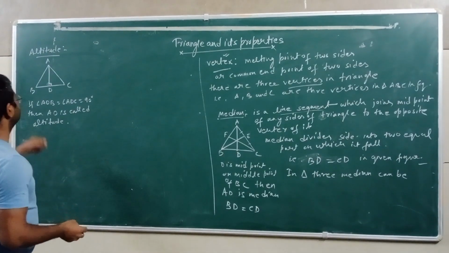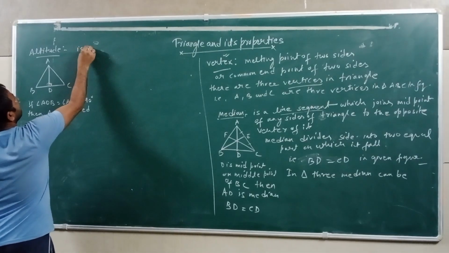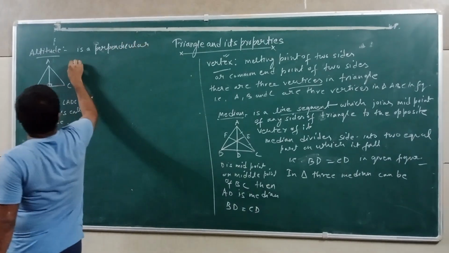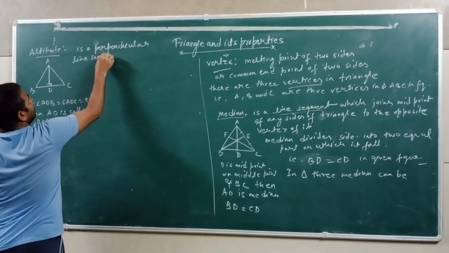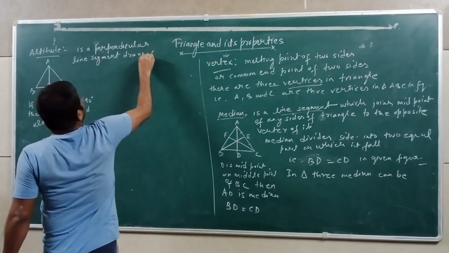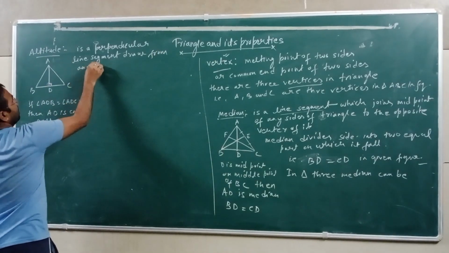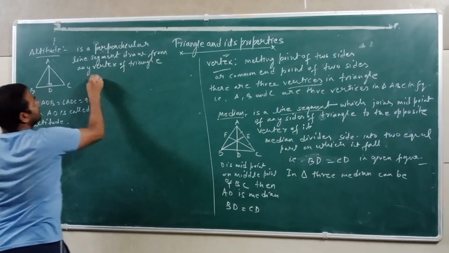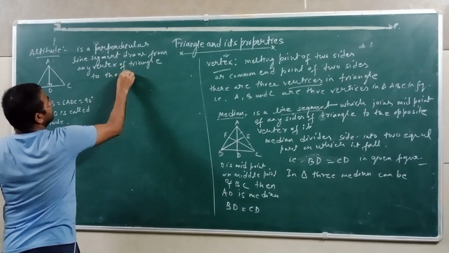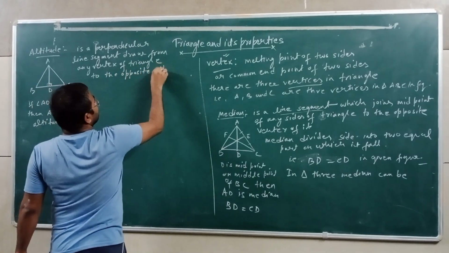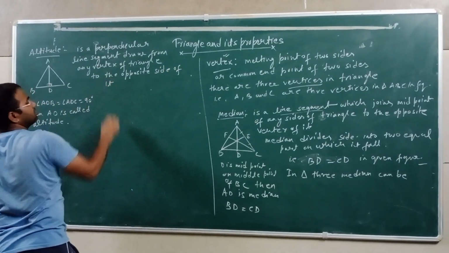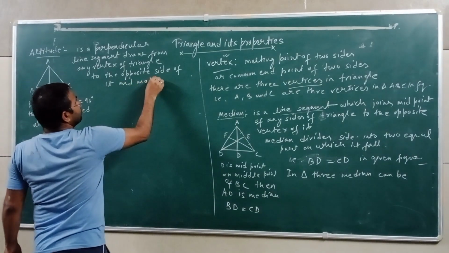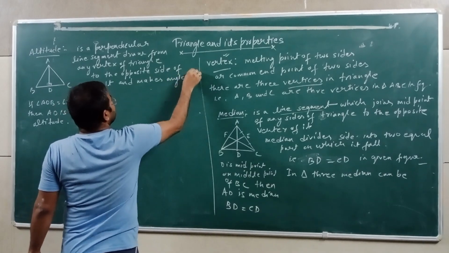Now how will you define this altitude? Altitude is a perpendicular line segment drawn from any vertex of a triangle to the opposite side of it, and it makes a 90 degree angle.